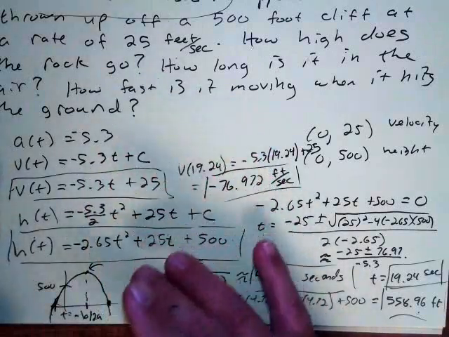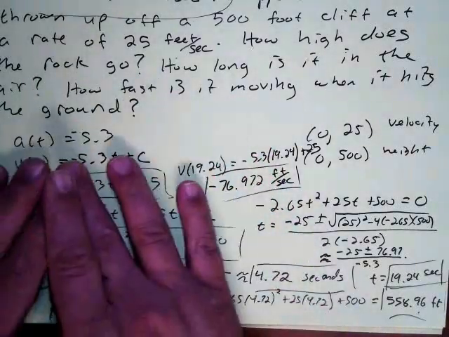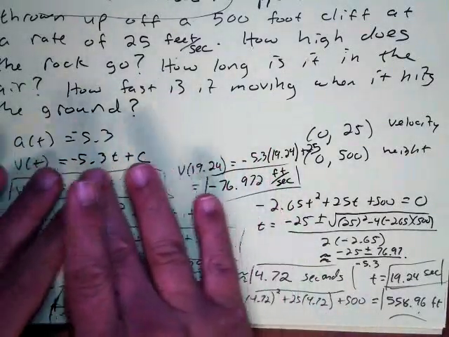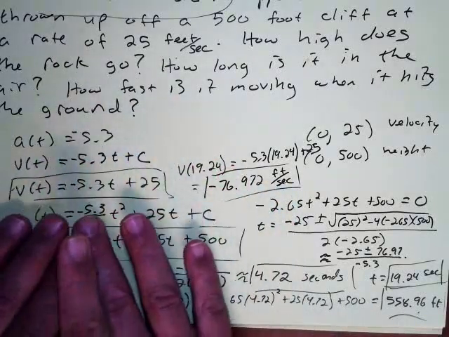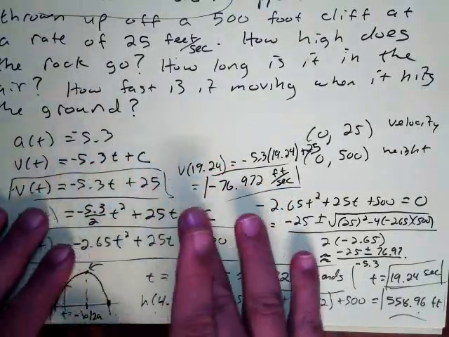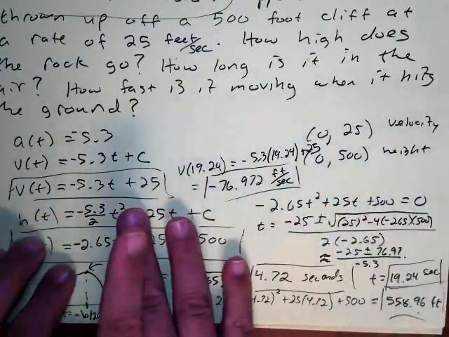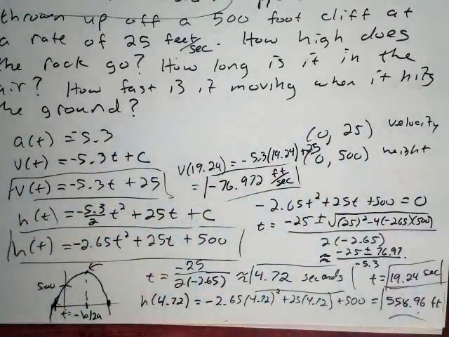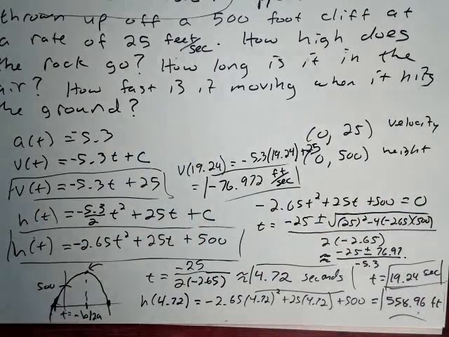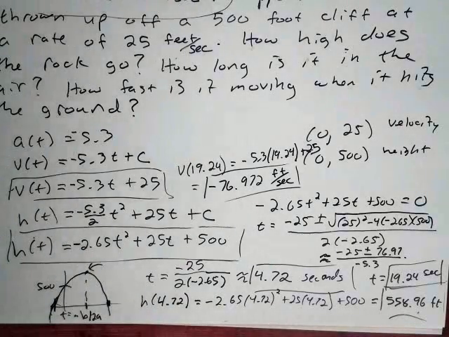But this is showing you how, if you were given a different sort of acceleration, maybe one that's not constant, you could find the antiderivatives, plug in the initial conditions, and go from there and answer these sorts of questions. So a nice application to finish this section on the mean value theorem.